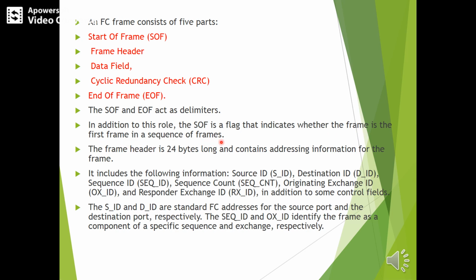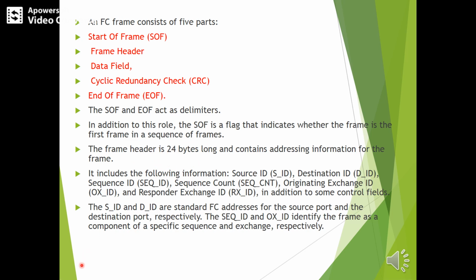So in order to identify whether that respective frame is the first frame in the sequence of frames or not. The frame header is 24 bytes long and contains addressing information for the frame.